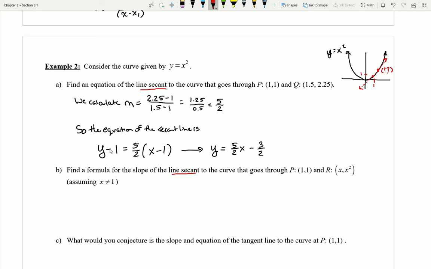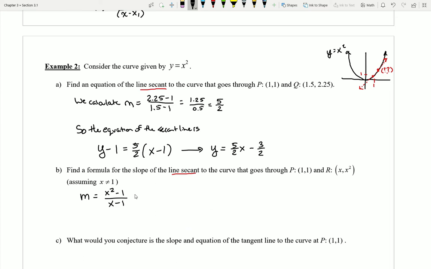Okay, now let's go ahead and do this, and let's assume that we're not going to choose the same point. We're not going to do 1, 1 again. That would be silly. So let's go ahead and actually see. Notice here, all I'm looking for is the slope, so I'm just going to try to compute m. All right, so my m value would just be, well, let's see, I'll take y coordinate minus y coordinate over x coordinate minus x coordinate. There it is, done.